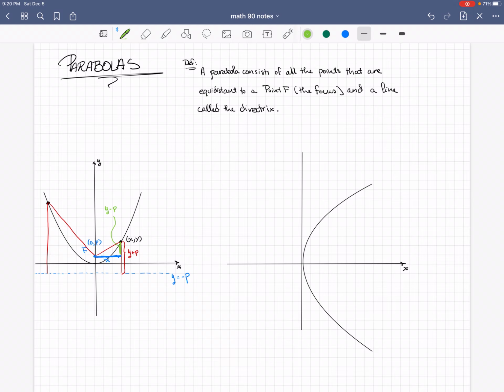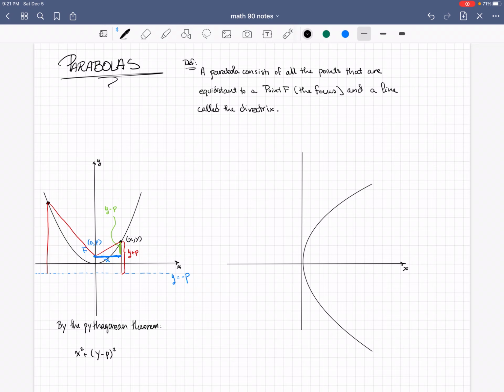Well, by the Pythagorean theorem, the length of the red line is the square root of x squared plus (y minus p) squared, right?